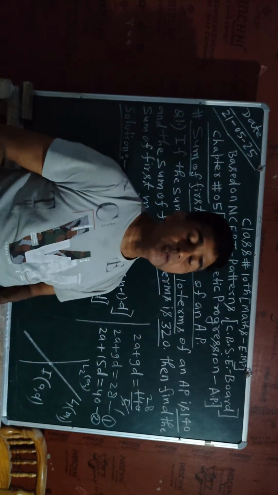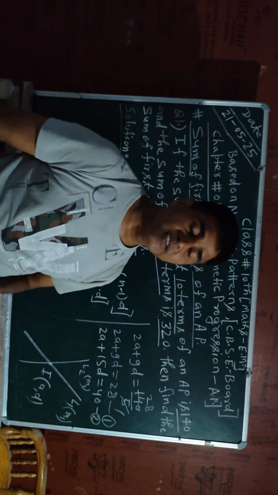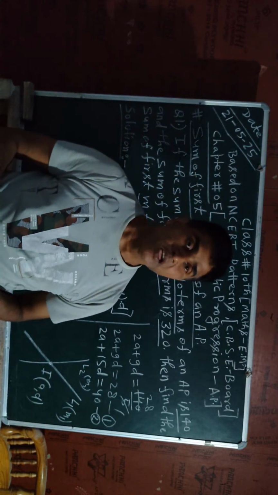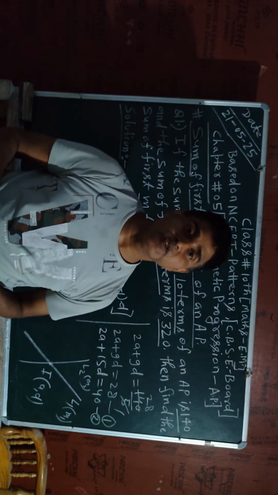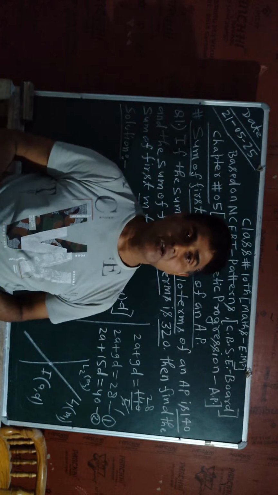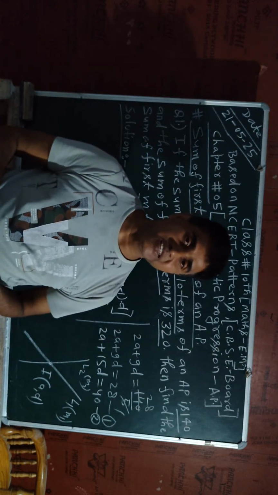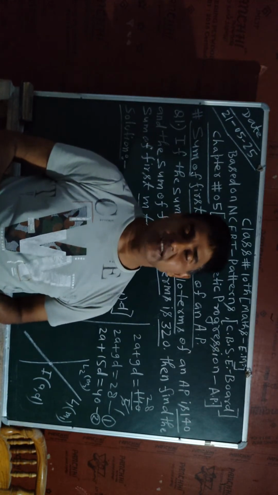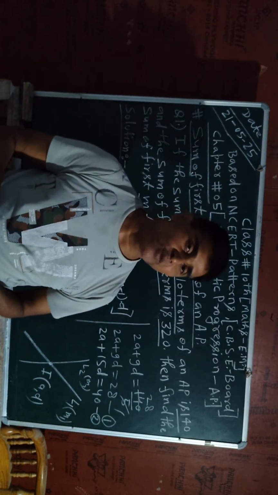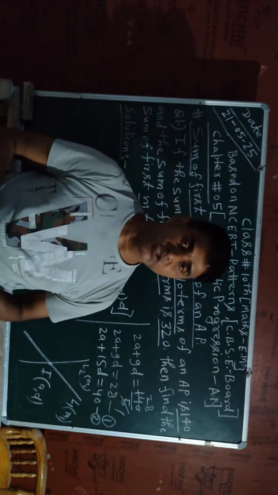In a pair of linear equations in two variables, when I was solving, we used two methods. One method was the elimination method, and the other method was the substitution method.